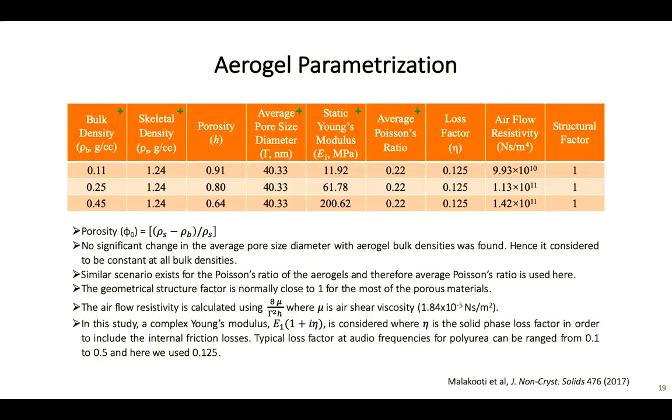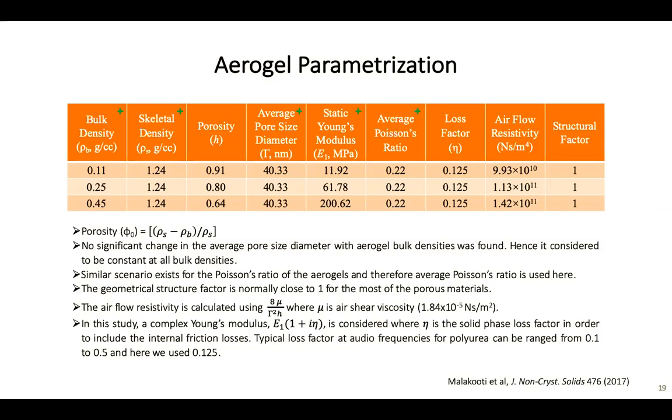For the parameterization, we tried to adopt experimentally measured parameters as much as possible. Bulk density and skeletal density can be measured from pycnometry-type measurements. Porosity can be calculated from bulk density and skeletal density. Average pore size can be calculated from sorption experiments.